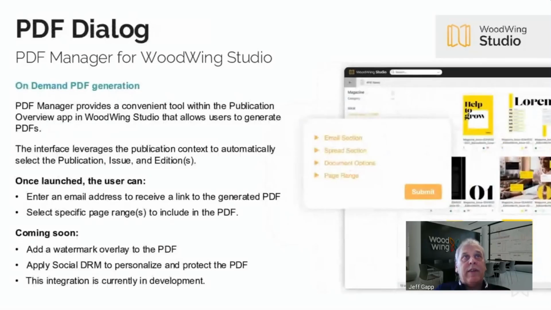Now, one of my favorite things here, we're just completing work on this, is the PDF dialog. As you can see here in the middle, this is the basic user interface where you put in an email address and a message, right? Salutation, remarks, subject. Decide if it's going to be a spread, document options, page range, those kinds of things.